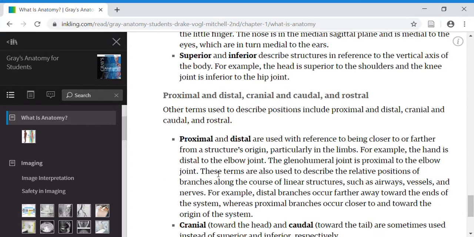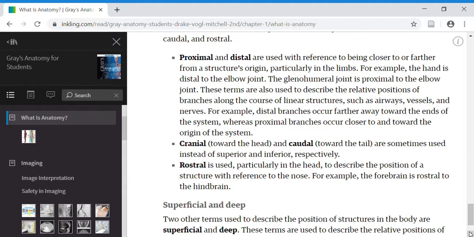And we have also the proximal and distal way of defining body locations. So for example, the hand is distal to the elbow and the glenohumeral joint is proximal to the elbow joint. That's the way of talking, proximal and distal.